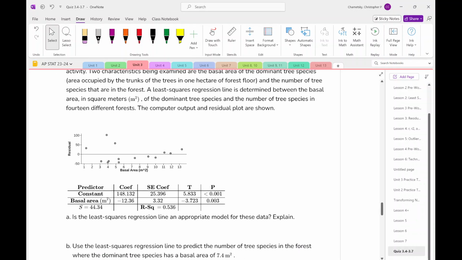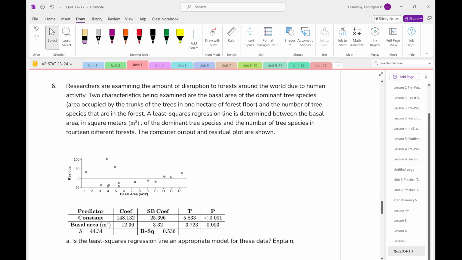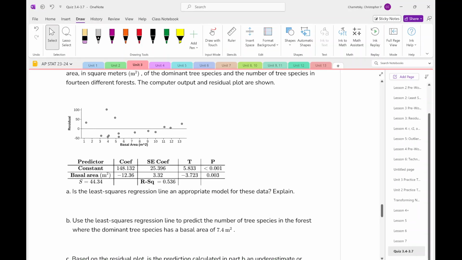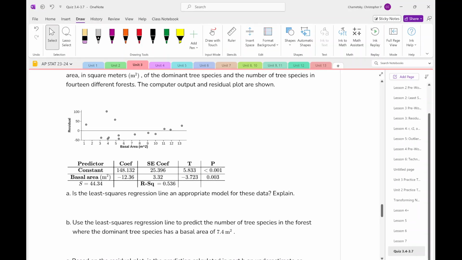Okay, and we have a least squares regression line. Our data from that is there, okay? And they plotted the residual. So looking at the residual, is the least squares regression line an appropriate model for the data? It's not terrible, but I'd still see a curved pattern.